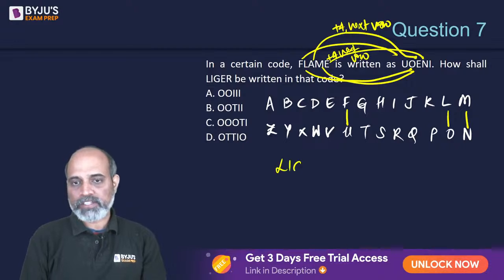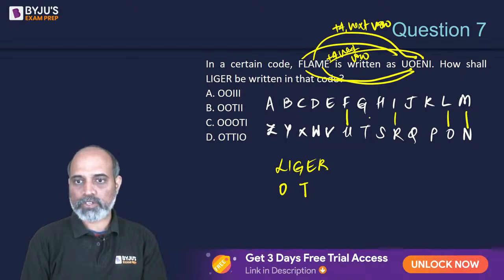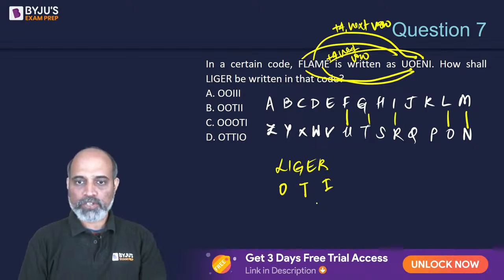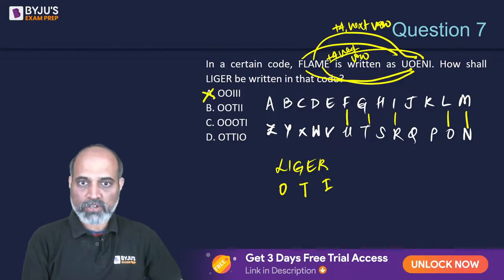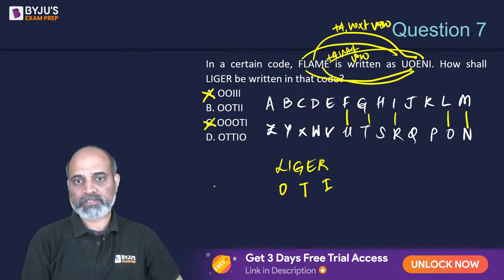Now let's look at the word LIGER. So if we have L, the letter we will have in the same column is O. G, it should be T, and R, it should be I. So we need to have O blank T I. So A is not your answer. C is not our answer.